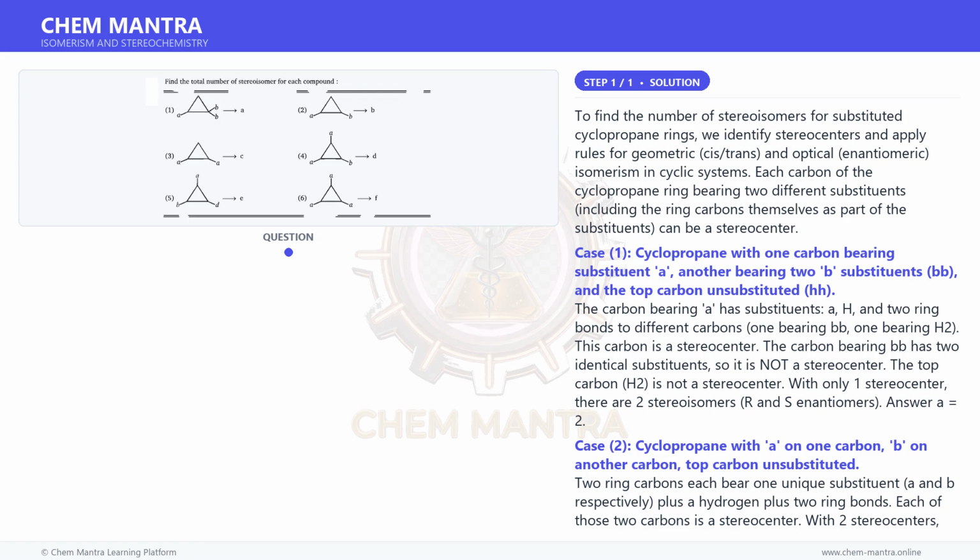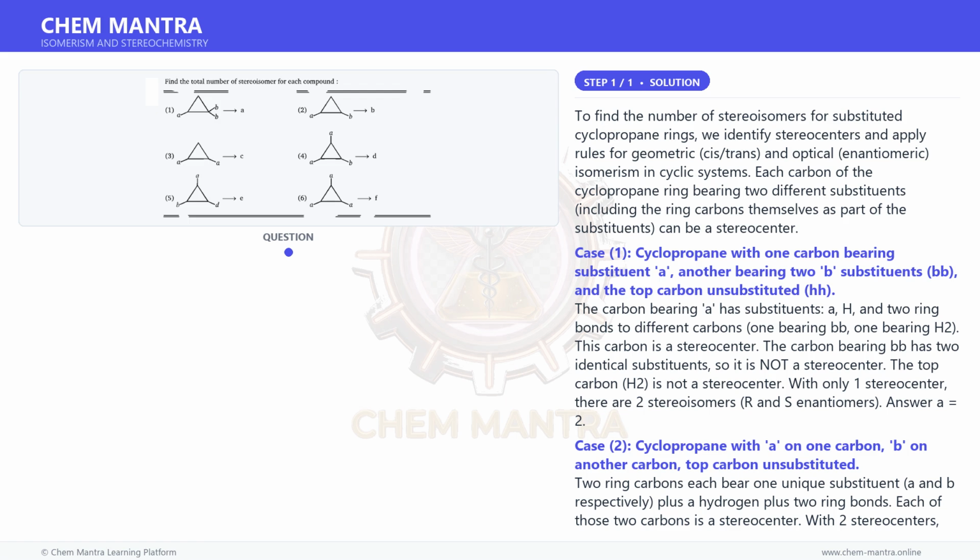Case 4: cyclopropane with A on top, A on bottom left, B on bottom right. Three substituted carbons: top, A, H; bottom left, A, H; bottom right, B, H. Three potential stereocenters. Maximum is 2^3 = 8, but we must check for symmetry and meso forms. The two carbons bearing A are equivalent in terms of substituent type.